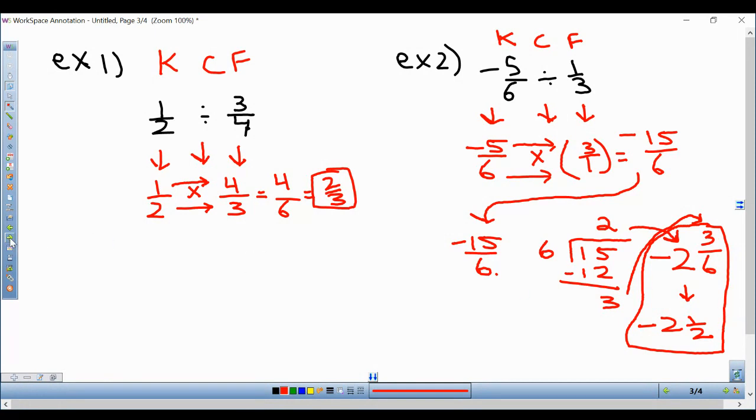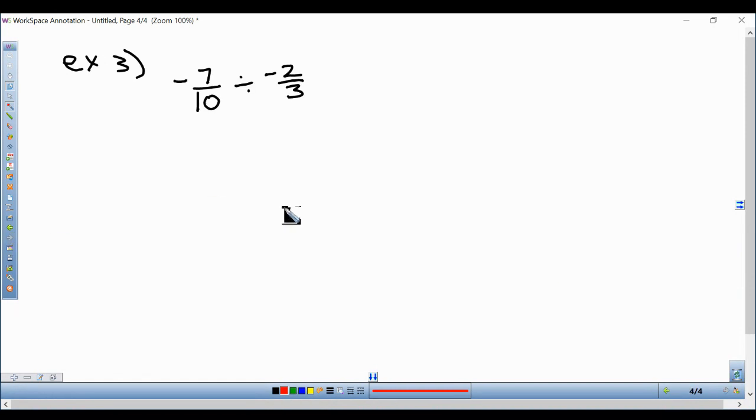One more example problem. If you want to go ahead and try this one on your own, you can. I recommend pausing the video, or you can continue to work with me. Negative 7/10 divided by negative 2/3. Since it's division, KCF. So we keep the first fraction.